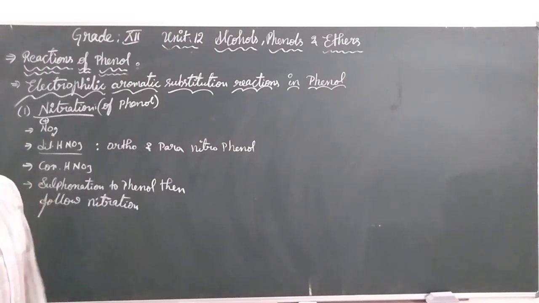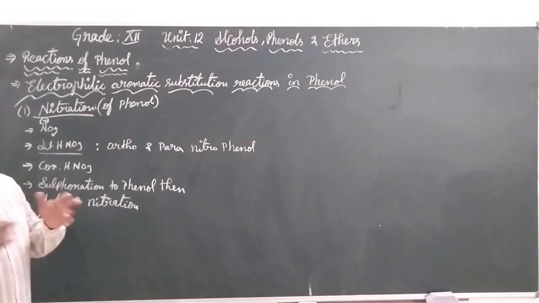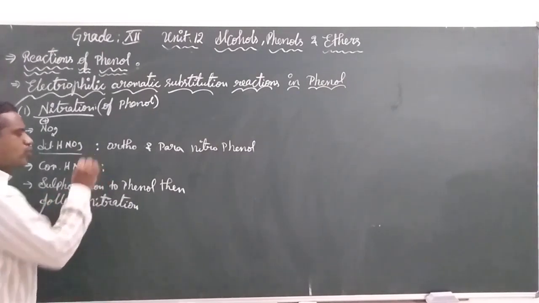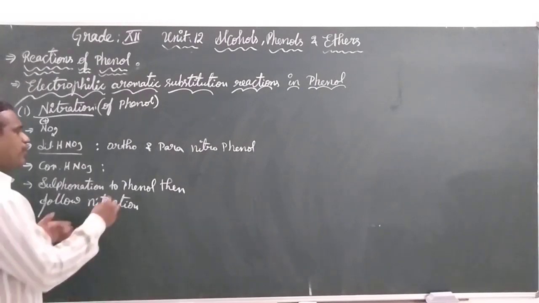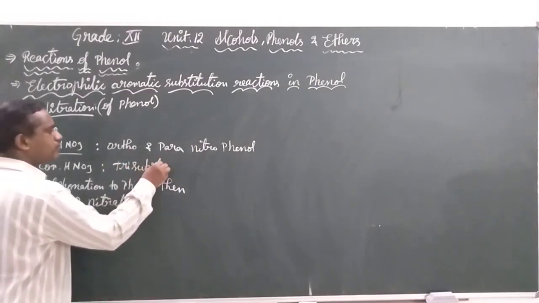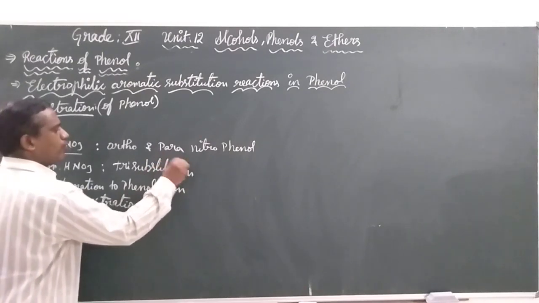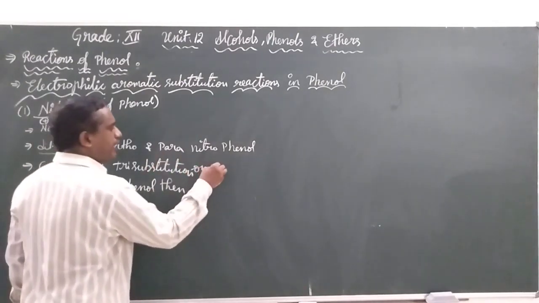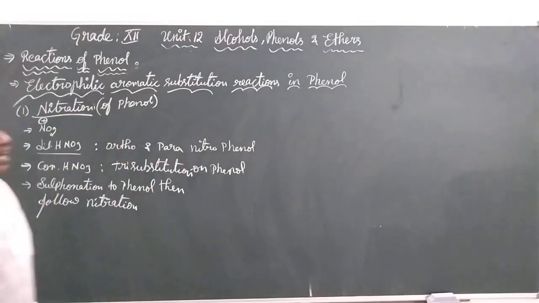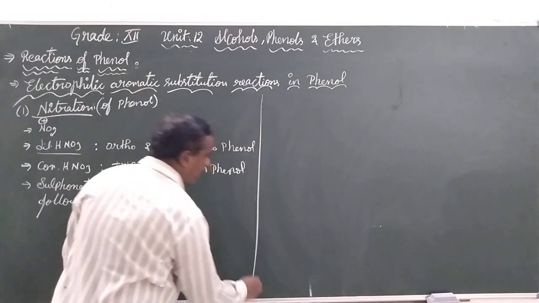Both will be formed, but we will select one of them as the major product. And if you use concentrated nitric acid, you will have a tri-substitution on phenol. Let us see how the reactions go on here.